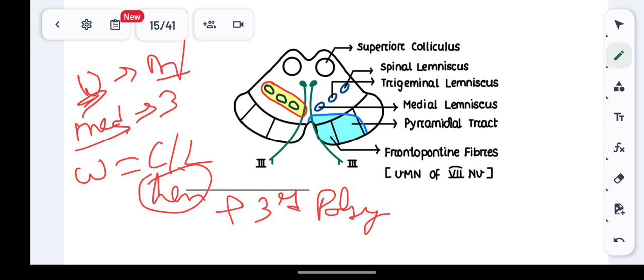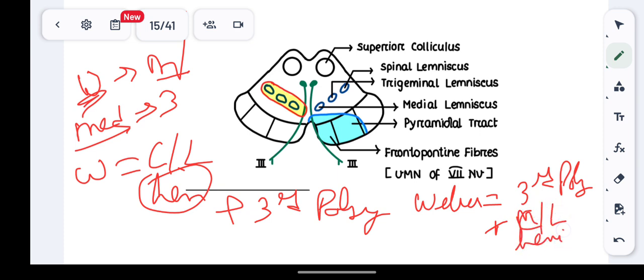So Weber's is done. Again: third nerve palsy plus contralateral hemiplegia. And why contralateral hemiplegia? Because we already know that the pyramidal tract is involved in this.